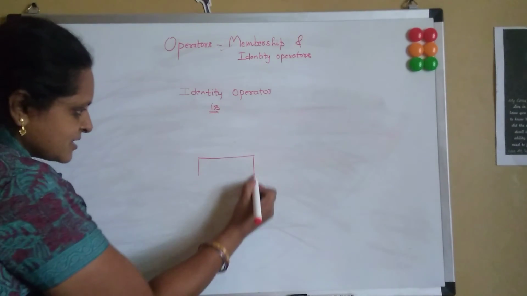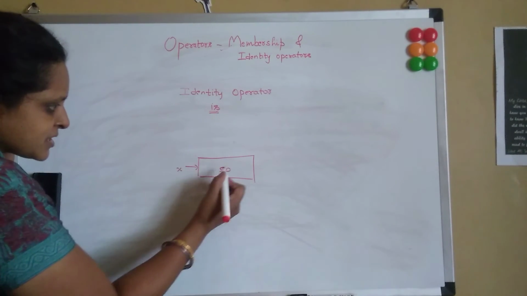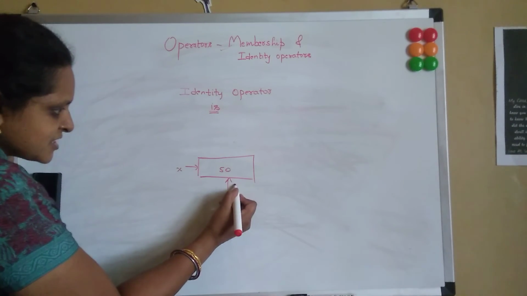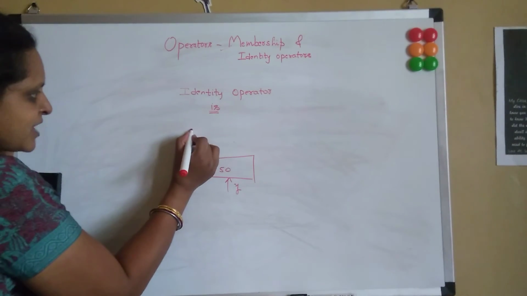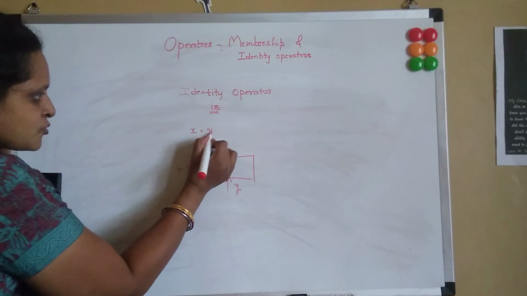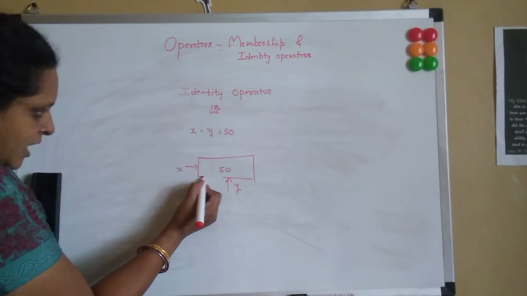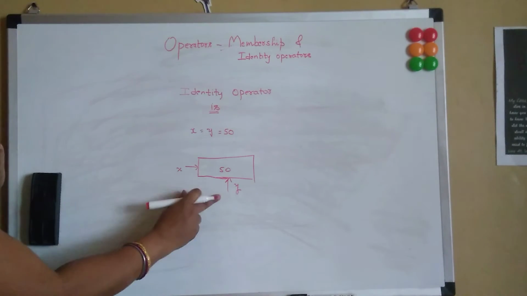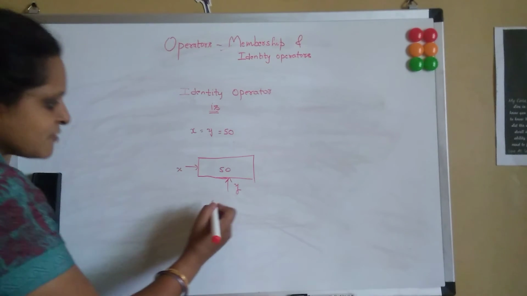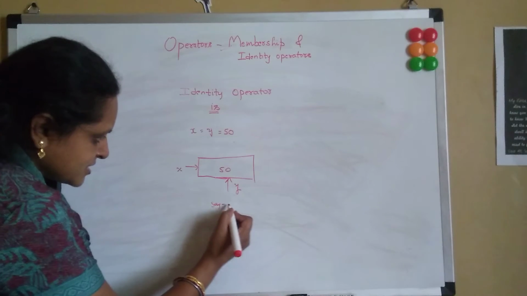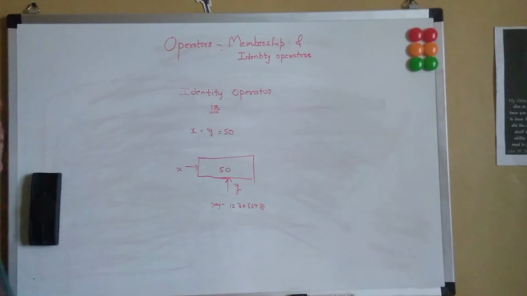Suppose I have a variable 50. My x is pointing to 50. Y is also pointing to 50. So let me assign like this: x is equal to y equal to 50. When I say so, x and y will point to the same object, meaning they'll have the same memory location, say 1, 2, 3, 4, 5, 6, 7, 8.